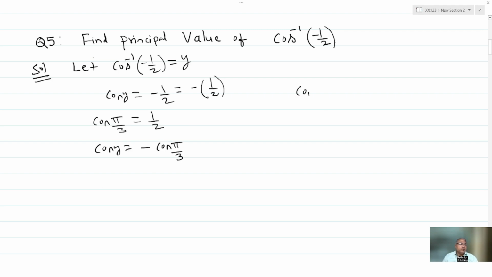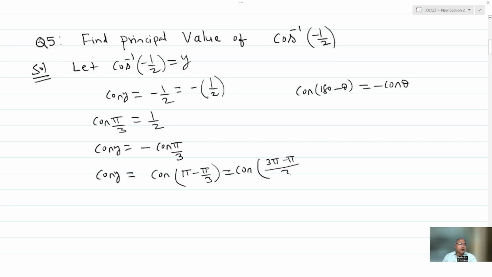And we know that cos of 180 minus theta equals minus cos theta. Therefore cos y equals cos of pi minus pi by 3, which equals cos 2 pi by 3. Comparing both sides, y equals 2 pi by 3.